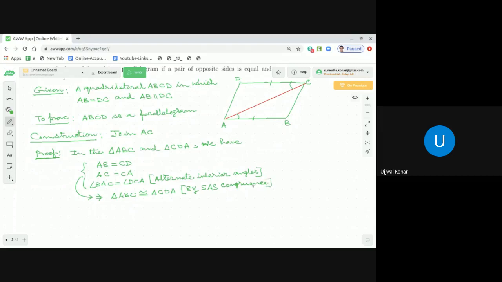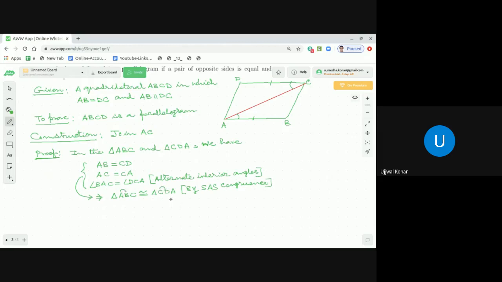Okay, now one thing very important here. Look into the sequence of the different letters I'm writing. AB is equal to CD. When AB is equal to CD, when you write the congruency, the sequence of AB and the sequence of CD will remain intact.